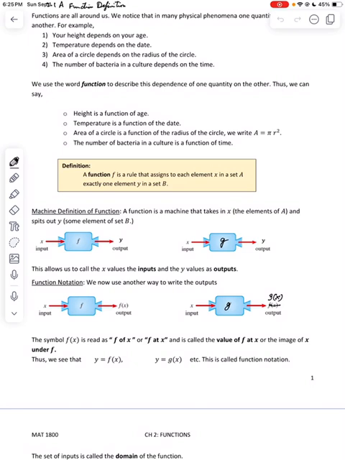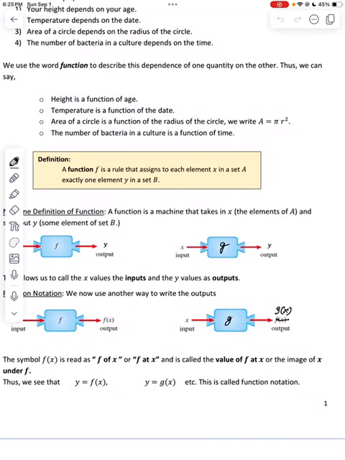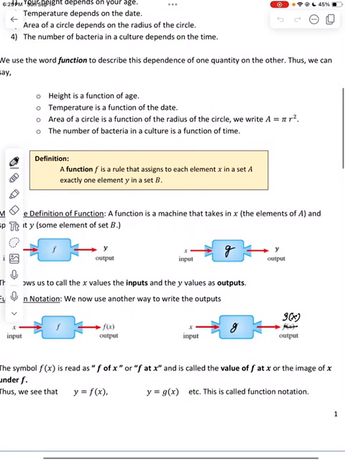Okay, so in our language, in mathematics, we can define it like this: a function f is a rule that assigns to each element x in a set A exactly one element y in a set B.